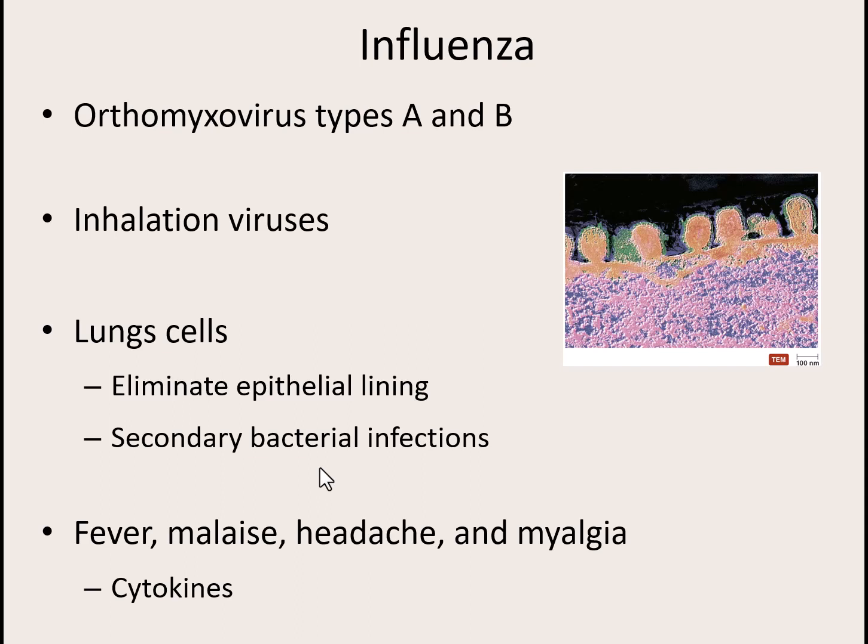Now, symptoms of the flu: fever, malaise or tiredness, headache, and myalgia, which is muscle pain. Those all come from the cytokines that are released from the immune system. They trigger all those symptoms. The one symptom or sign that's not listed that most people associate with the flu is vomiting.